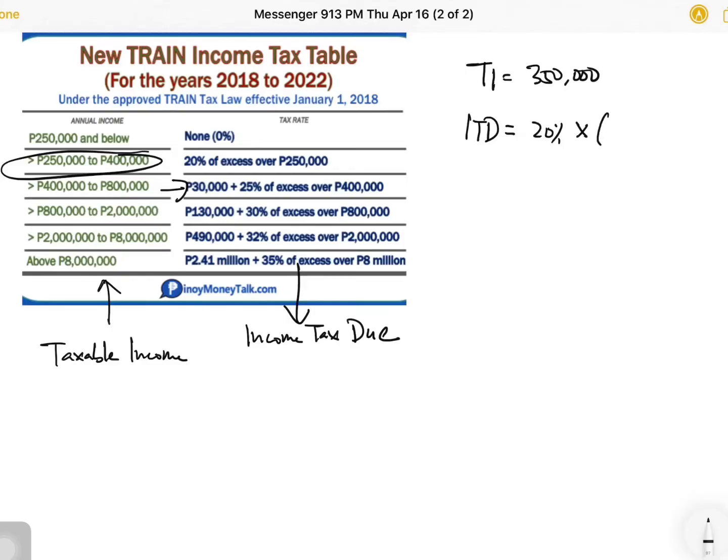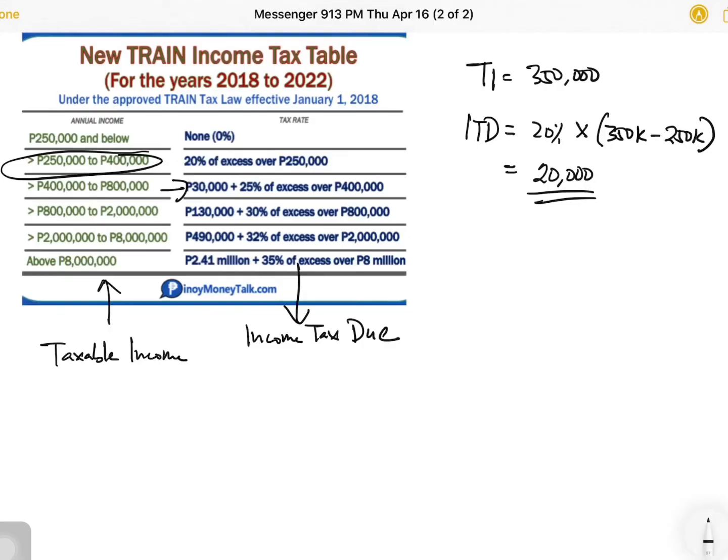So basically, you get your amount 350 minus 250,000. So inside you have 100,000, right? So 100,000 times 20%, that's 20,000. So if your taxable income is 350,000 per year, your income tax due, the amount of tax that you will pay for that year, is 20,000. So that's how this works.